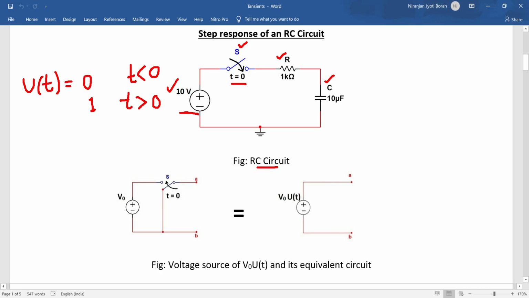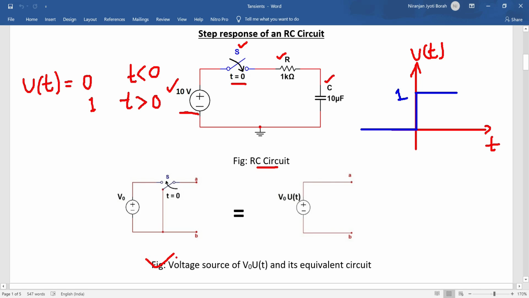The function is undefined at t equals 0, where it abruptly increases from 0 to 1. This figure shows that a step voltage is equivalent to a DC voltage source with a switch.